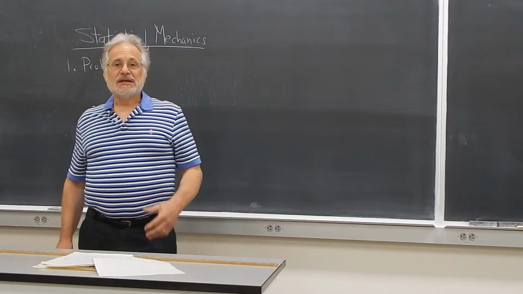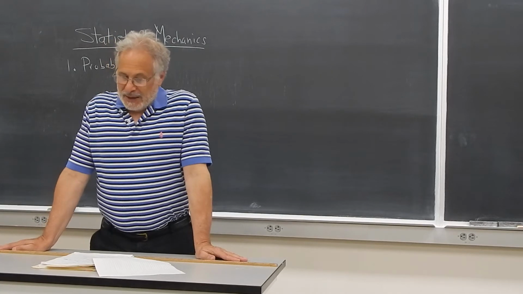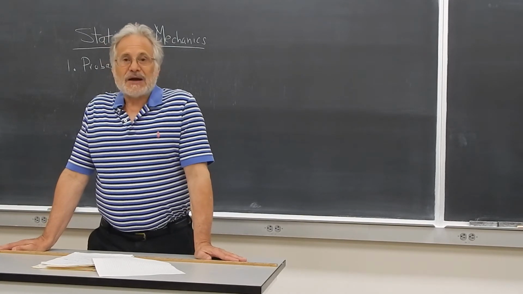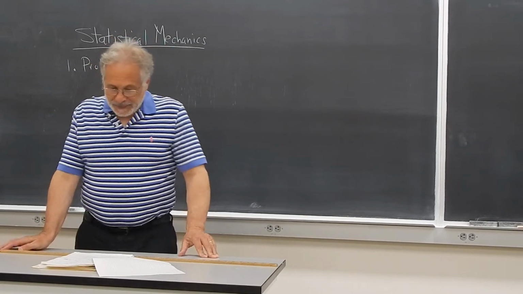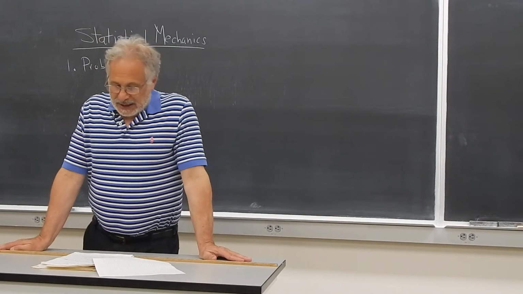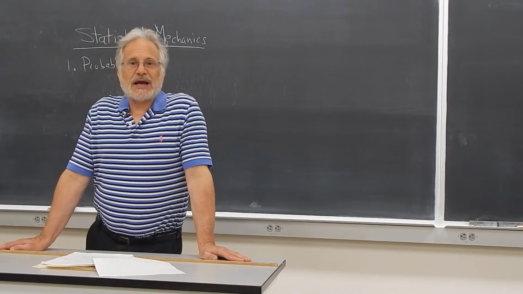We use statistical mechanics to use a microscopic point of view to predict macroscopic behavior. So where do we start? Well, in the way we want to start, we're going to use the rules and postulates of quantum mechanics.